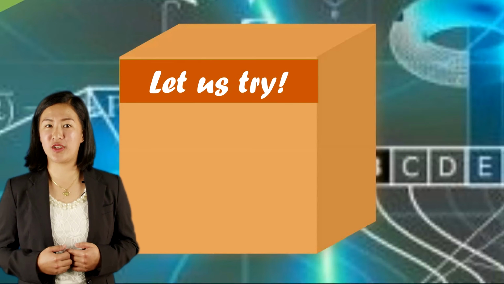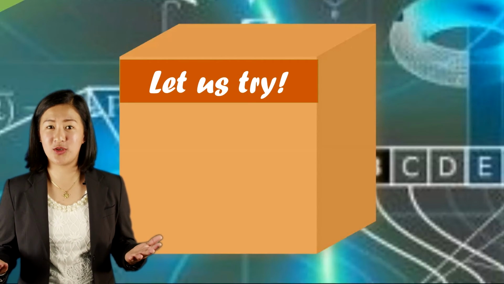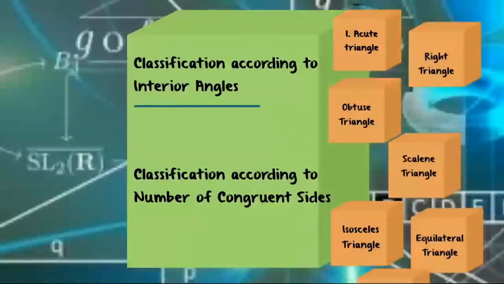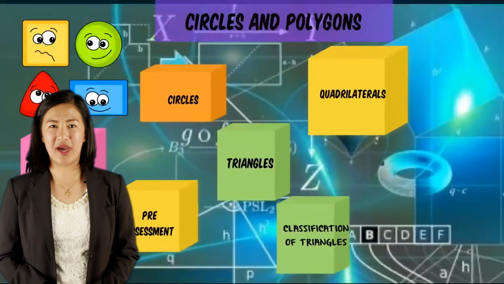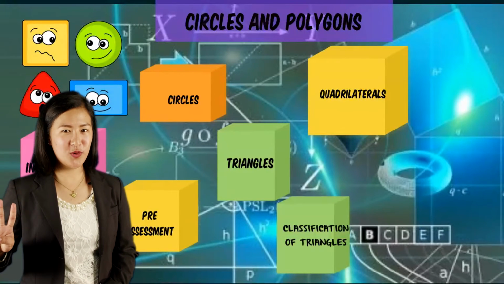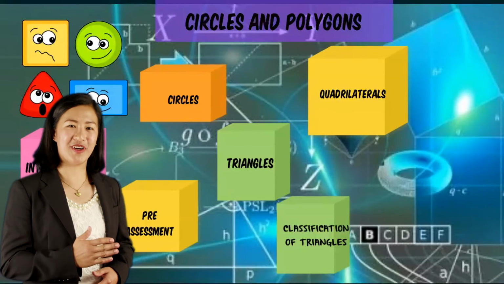We are now done with classifications of triangles. Let's now proceed to quadrilaterals. By the term itself, quad means 4. So, these are 4-sided polygons. Let's go over them.